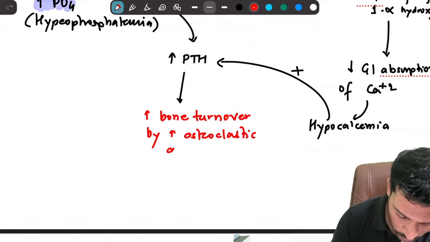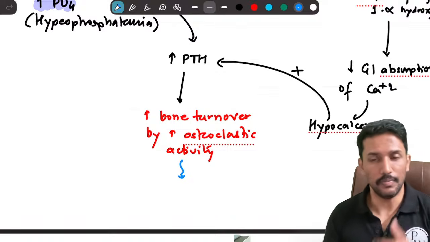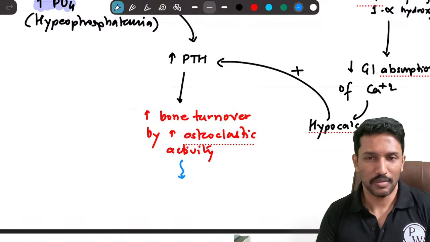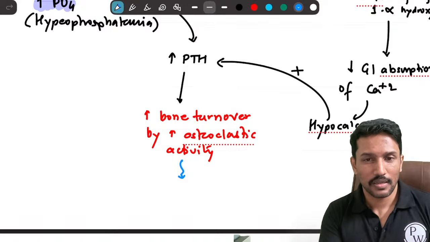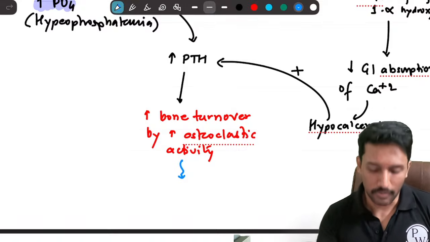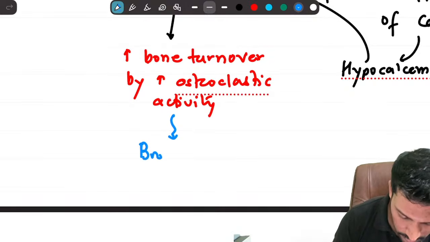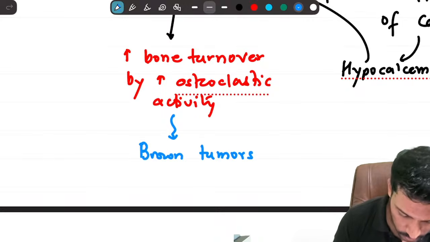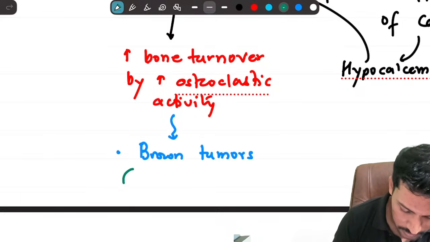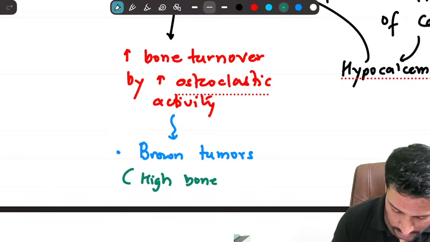And because of that, bone is losing the calcium. This will try to counter the hypocalcemia, but the bone is becoming osteomalacic, and eventually you may develop what you call brown tumors. So this is one of the complications that we can expect. It is high bone turnover disease.